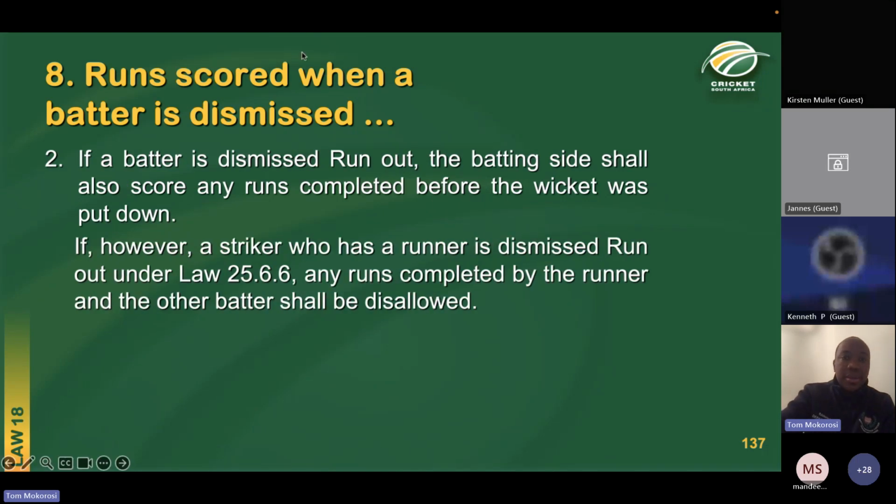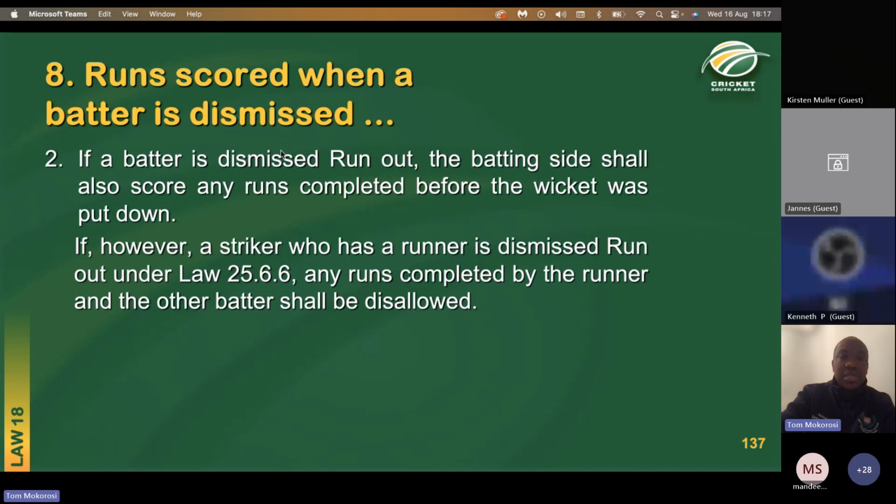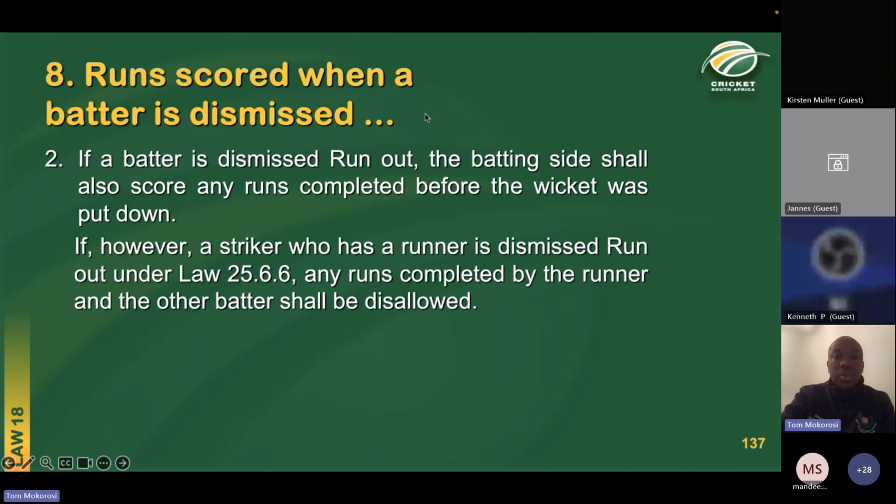If a batter is dismissed run out, the batting side shall score any runs completed before that batter's wicket was put down. If, however, a striker who has a runner is dismissed run out, any runs completed by the runner and the other batter shall be disallowed. In all international cricket playing conditions, runners are no longer allowed.